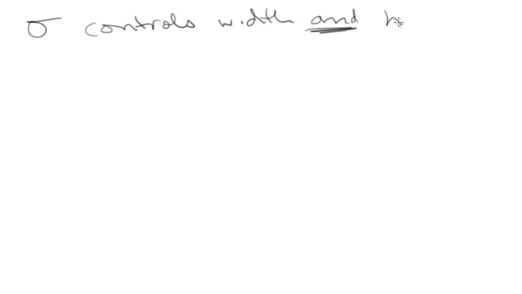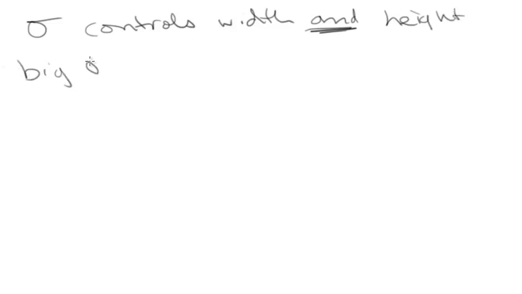So let's recap here. The standard deviation controls width. And so what people tend to think is, well, mean must control the height. No way. Standard deviation controls width and height.